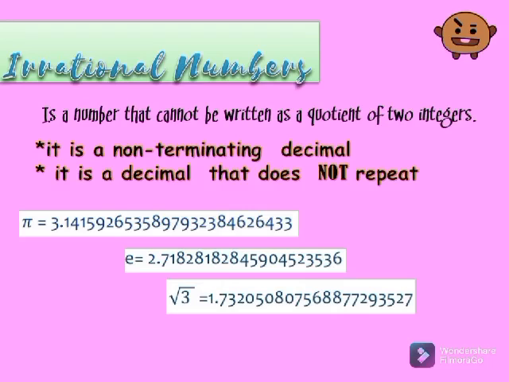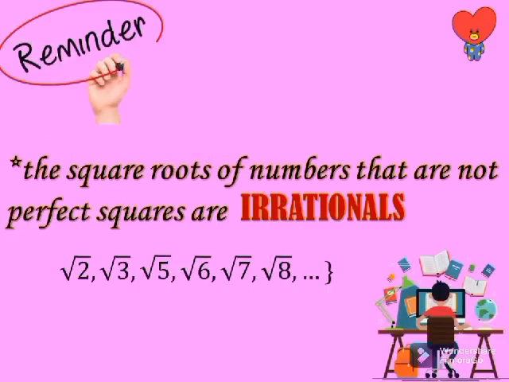As you can see, it is a non-terminating decimal and the decimal does not repeat. Let's also take note, class, that the square roots of numbers that are not perfect squares are irrational. They cannot be written in the form a over b.